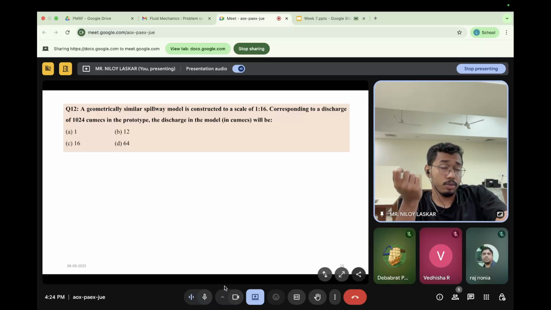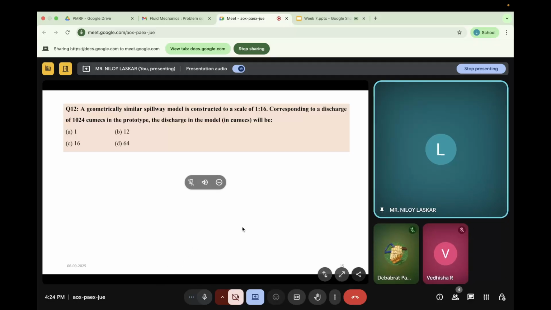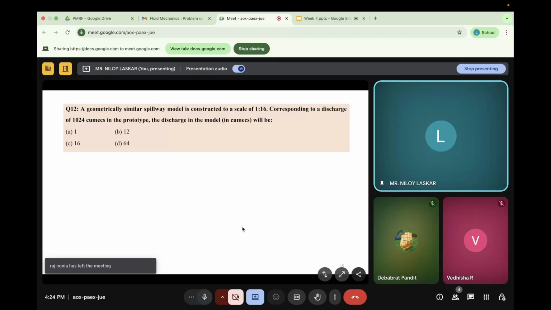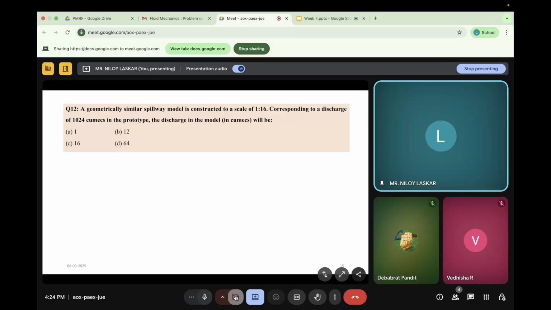Now you please try, you will be able to answer this question. So please try. I am giving you 2 minutes time to solve this one.